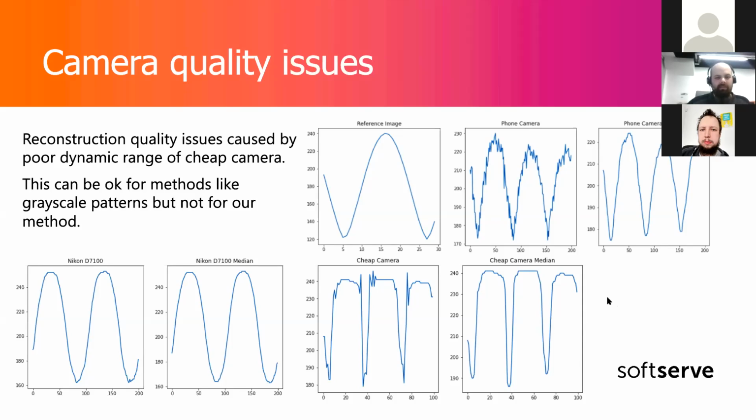So we actually did some experimentation. Of course, the best result we got was from the DSLR. It's almost one-to-one with the reference, I would say. But the phone camera is also quite good, especially after applying a median filter with a moderate kernel, like 5 by 5, or I think on the phone we did 11.